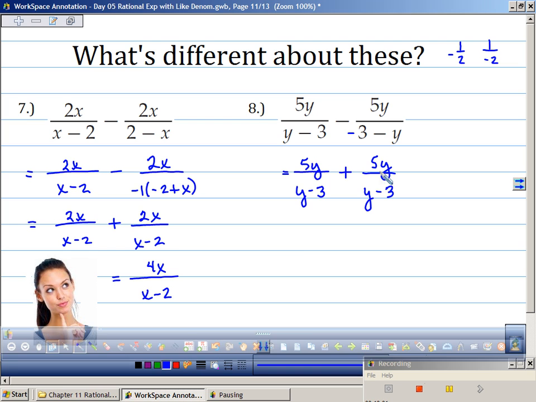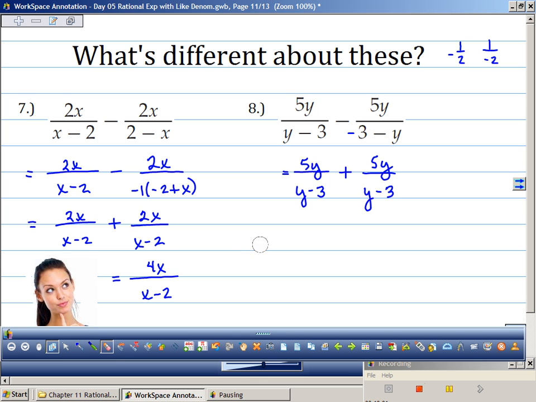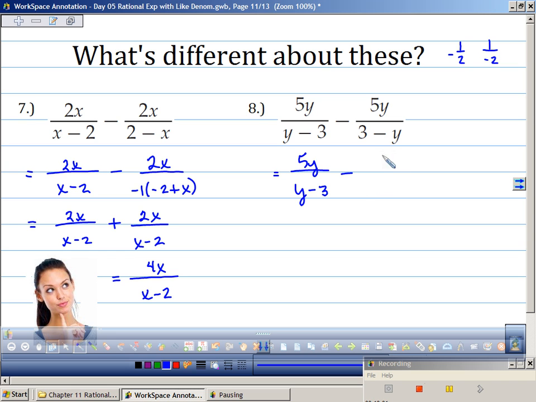You want me to write the steps out? I can. 5y over y minus 3. I'm going to pull out the negative and switch at the same time. Can I do that at least? So when I pull out a negative from a negative y, it becomes positive y.